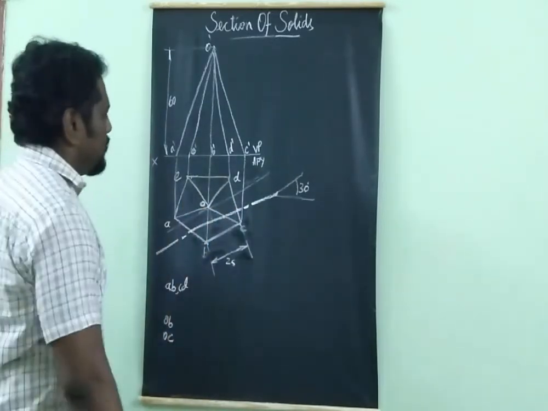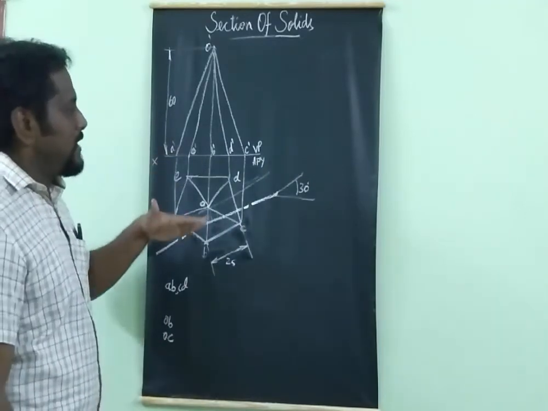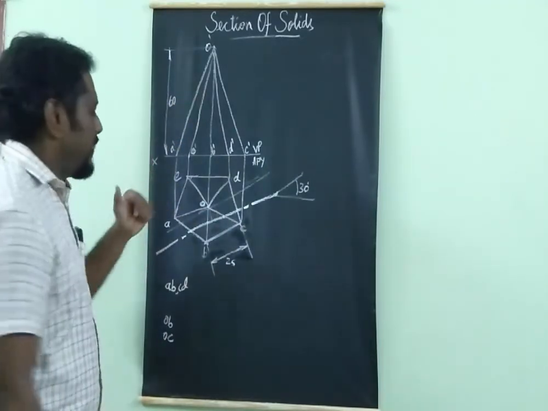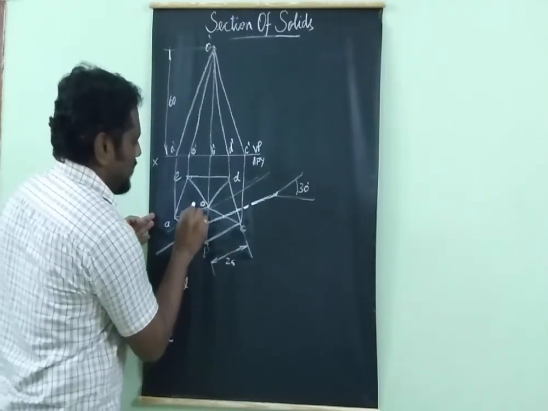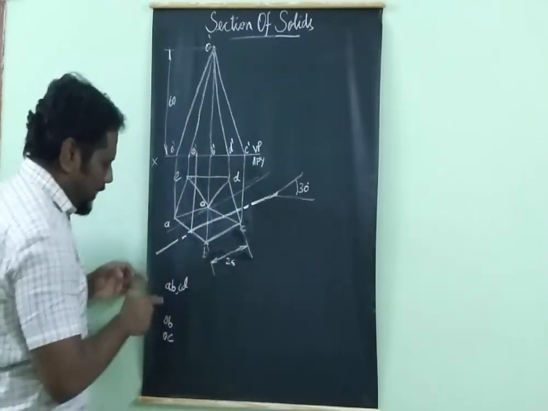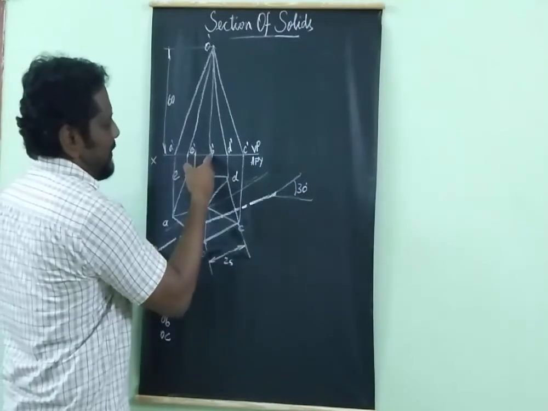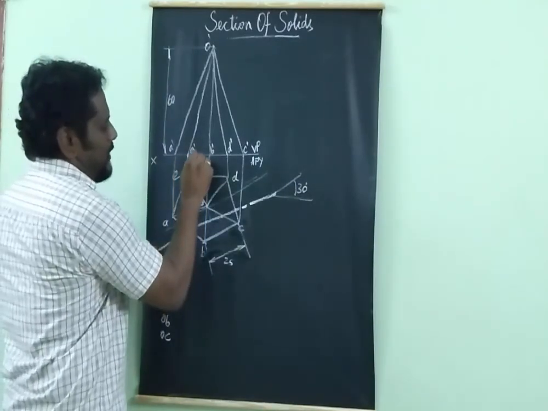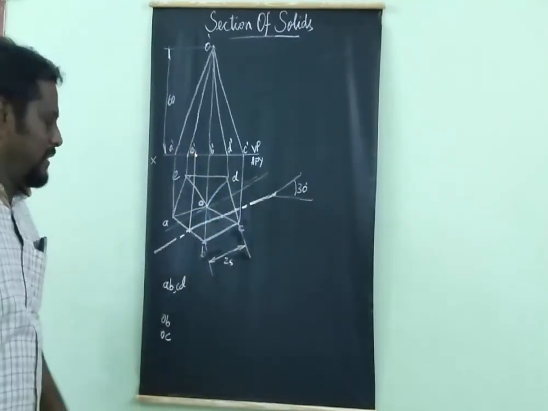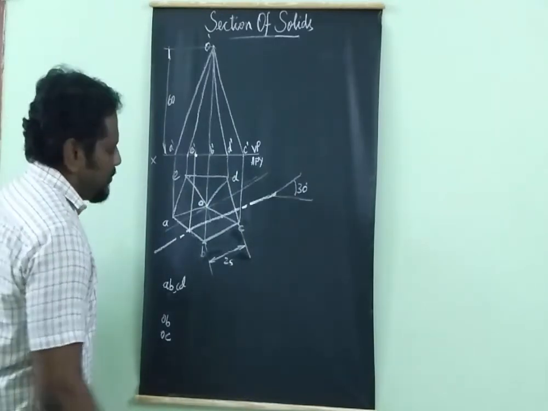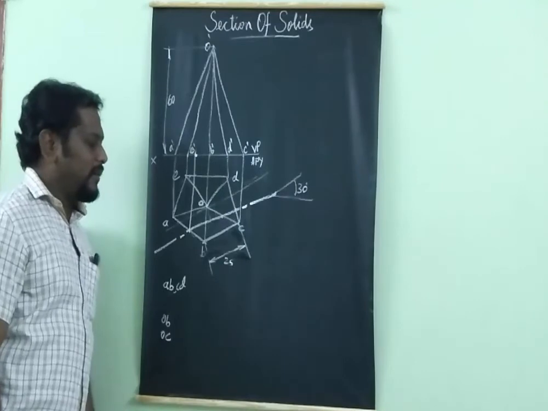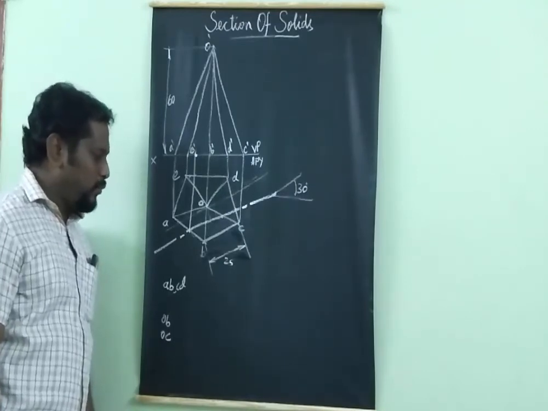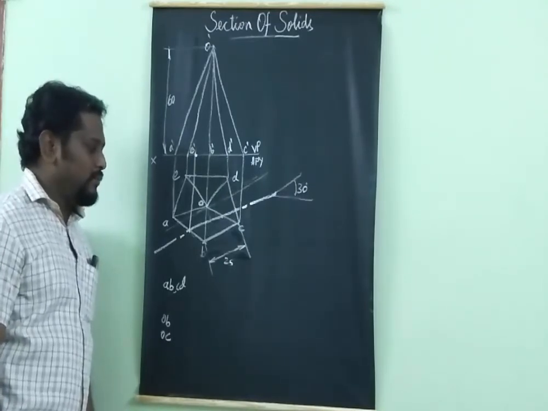Okay. So to transfer all these points to the front view, this point has to be vertically projected up to the line AB. So this is my AB line. So here one cutting point will come. The next cutting point is in OB. So let me take some time to transfer the point which is in OB.